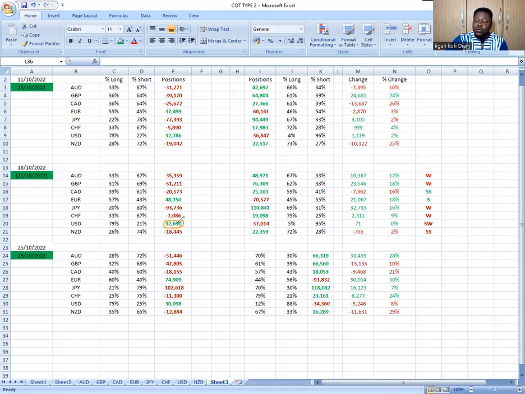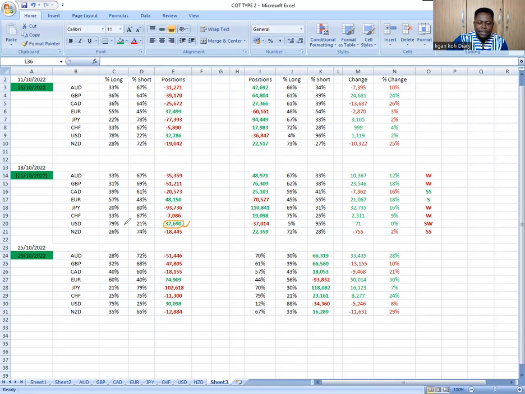So there's a difference of 2,600 plus buyers who have left the market for USD. So if the buyers are moving out of the market for USD, it means USD is beginning to lose its strength. Do you get a scenario? From 32,690 last week, it has come down to 30,098.